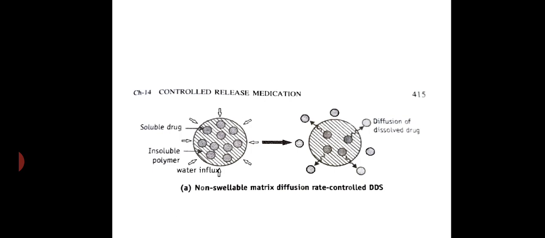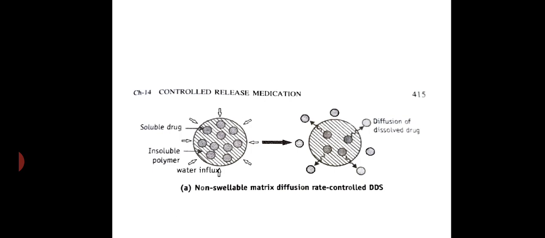The matrix material is demonstrated with the vertical lines, and within this matrix material the drug particles have been incorporated. Once the fluid is getting into the system, in the case of a reservoir system, the reservoir system was made with a porous material. Here you cannot observe any porosity, but it is purely made of the matrix material.